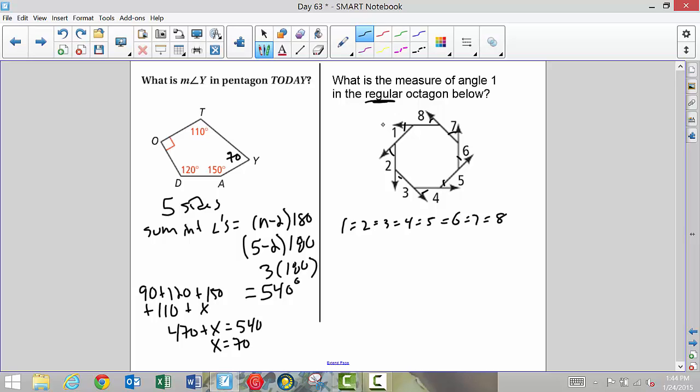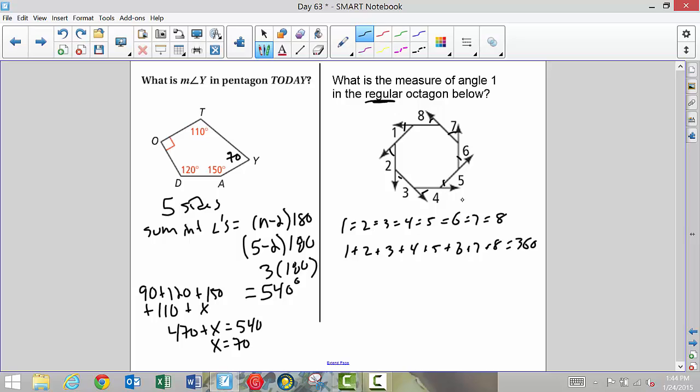Regular means all sides, all angles are equal, congruent. So I know that angles 1 through 8, all the outside angles, equal 360, because remember, all outside angles will equal 360.